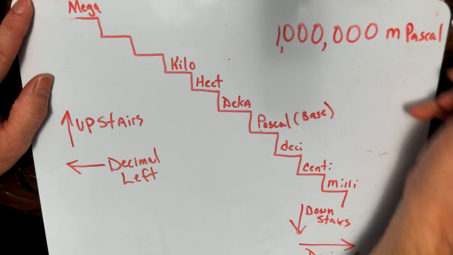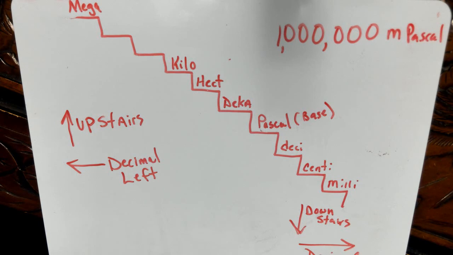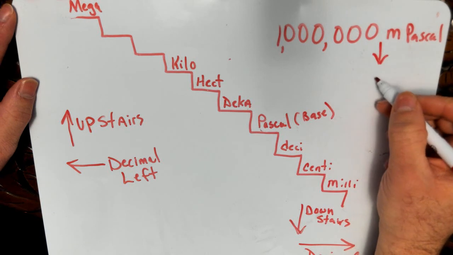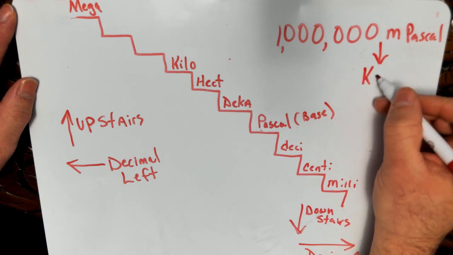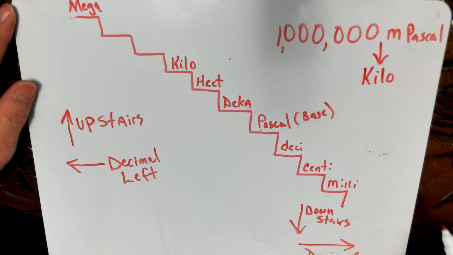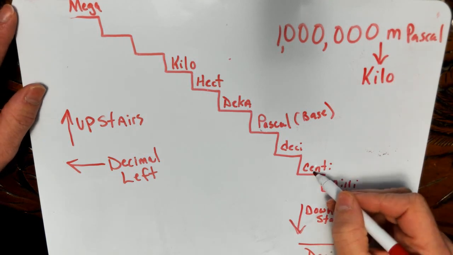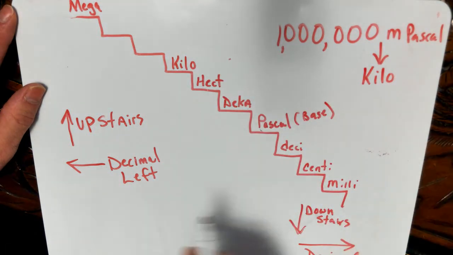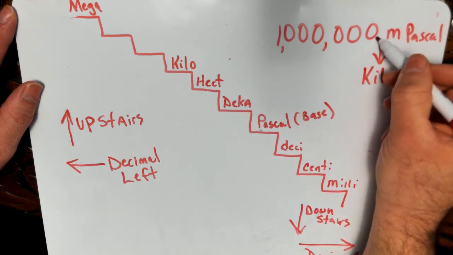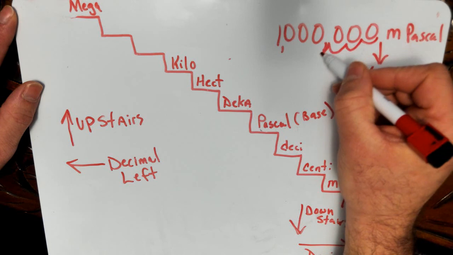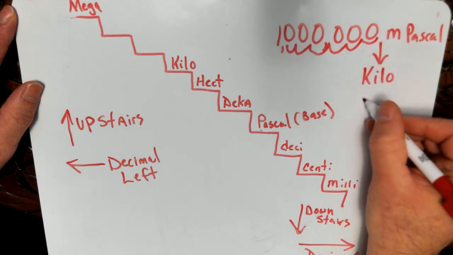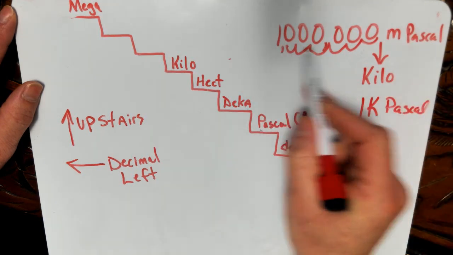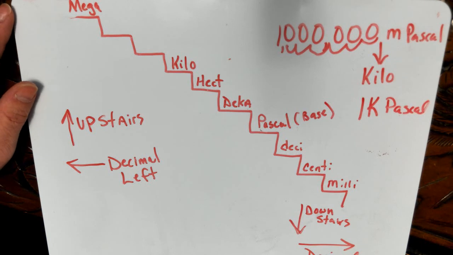Just an odd unit there, but let's say we've got that, and we want to go all the way up to kilo and see how that turns out. So again, 1, 2, 3, 4, 5, 6. And again, we were going upstairs, the decimal moves to the left. So 1, 2, 3, 4, 5, 6. It'd be 1K Pascal is equivalent to 1 million millipascals.